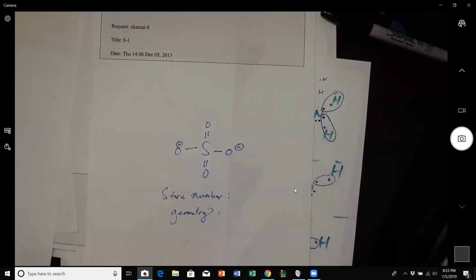Oh, is there a way to tell which bond will be longer, or could it be any of them? Double bonds are shorter than single bonds, and triple bonds are shorter than double bonds.